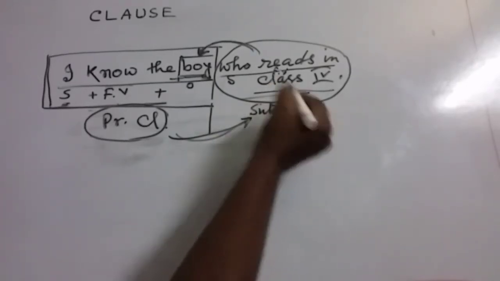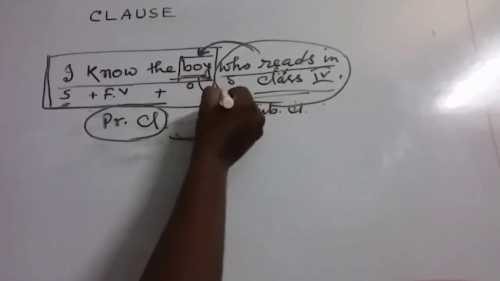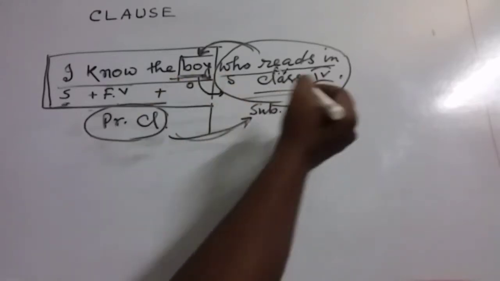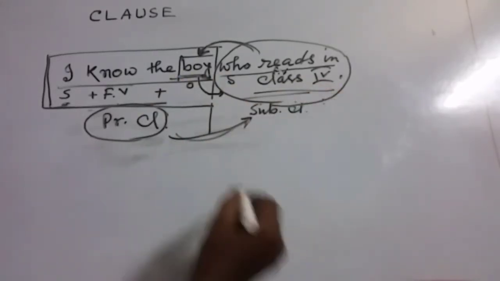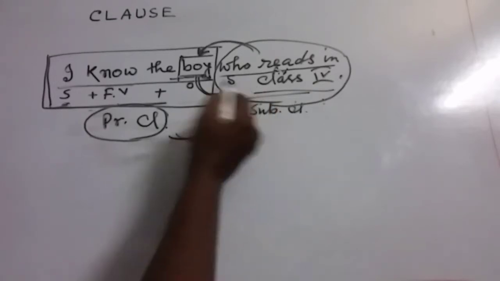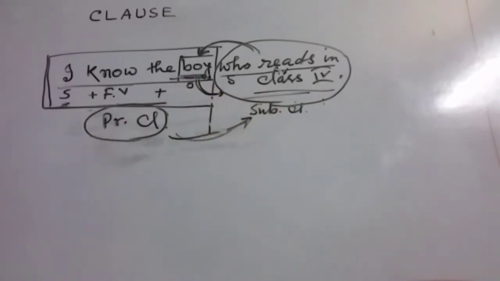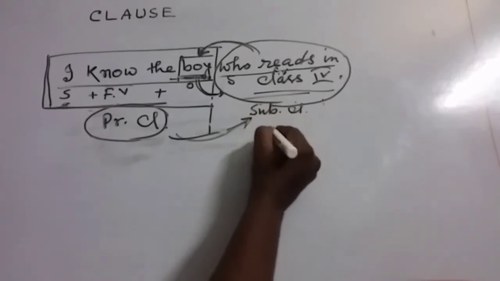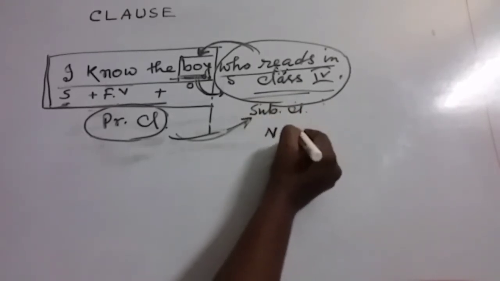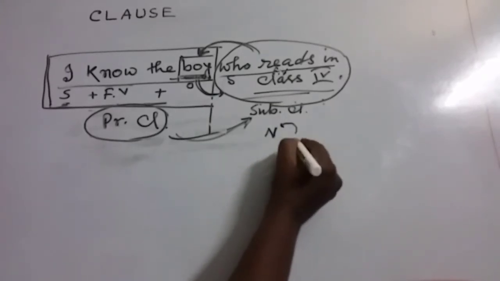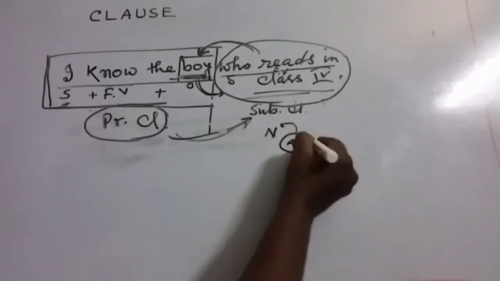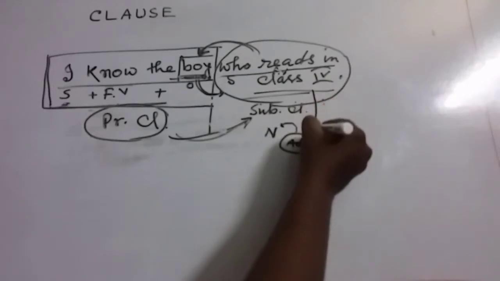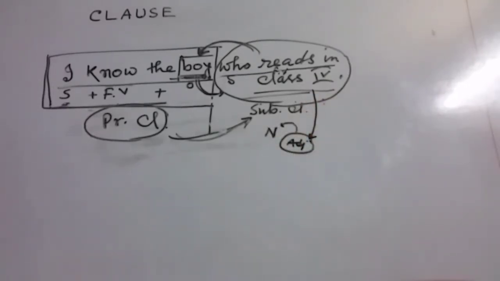This clause is saying something special about this boy, or you can say this group of words is adding something to the meaning of this boy. Boy is a noun, and the other words which say something about the noun are called adjectives. So here this entire clause is behaving like an adjective, so it will be called an adjective clause.